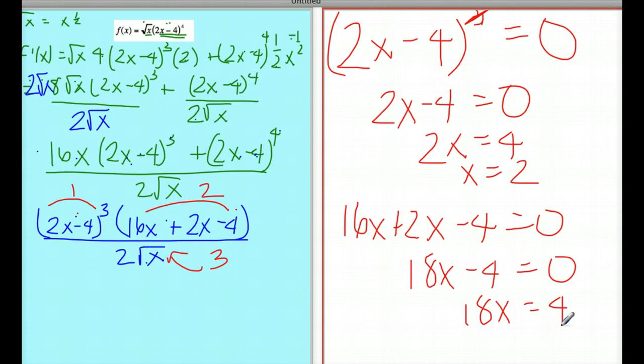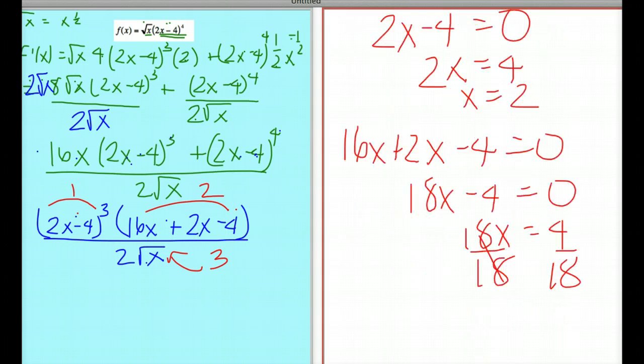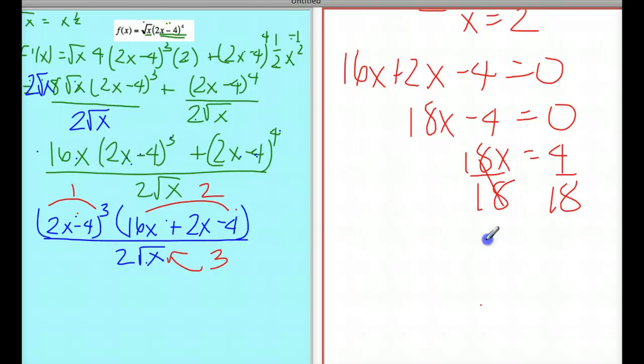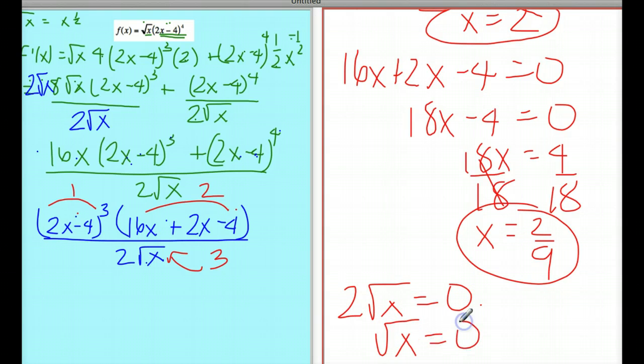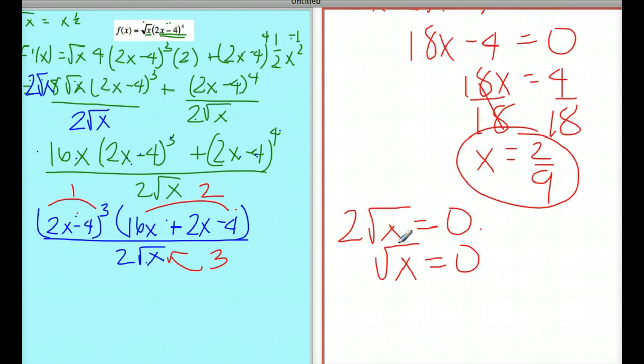And then if I divide by 18, I'm going to get x is equal to 2 over 9 if I simplify that. So x equals 2, x equals 2 over 9, and the last set is 2 radical x is equal to 0. Divide by 2 and I get radical x is equal to 0. To undo a square root, I square both sides, and so I get x is equal to 0.